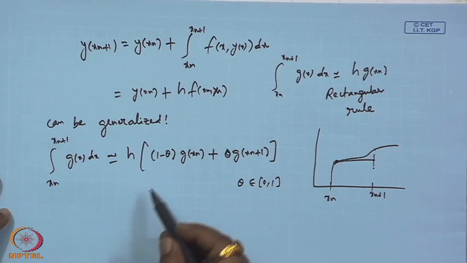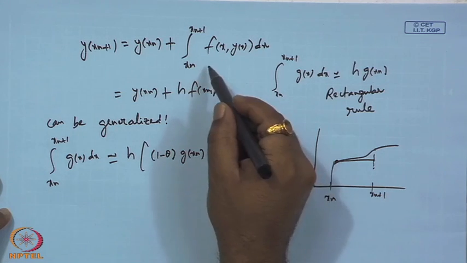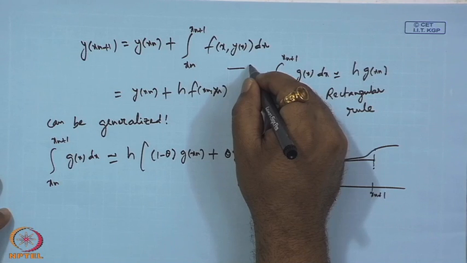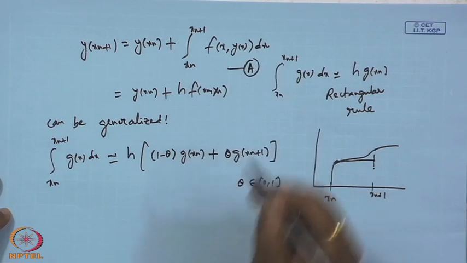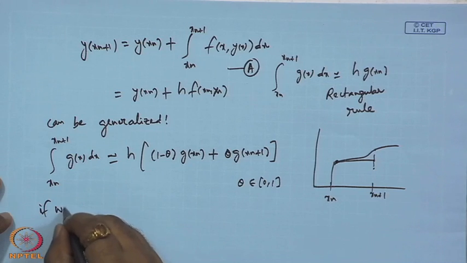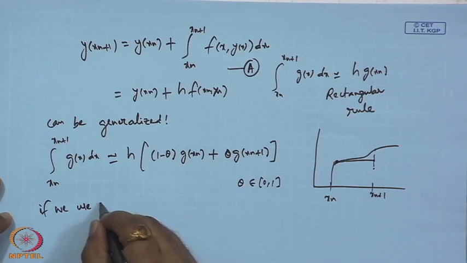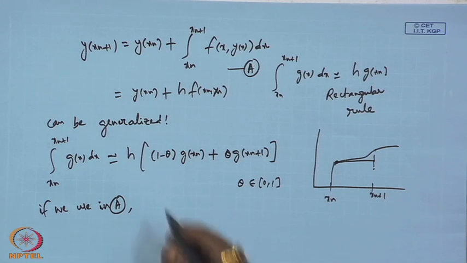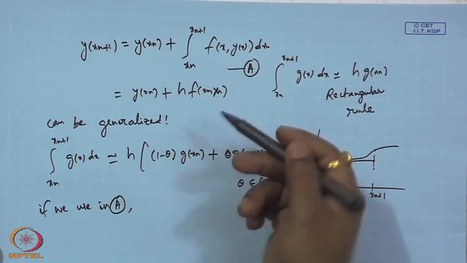So, now if we use this in A, we get the corresponding approximation for f and then we may get different methods.